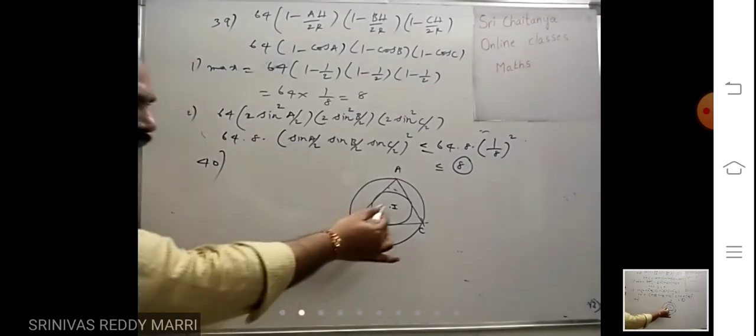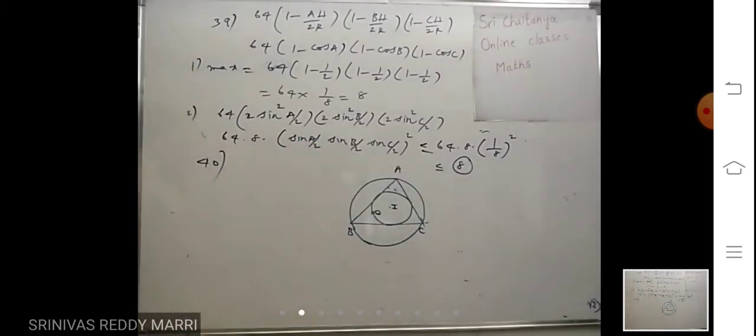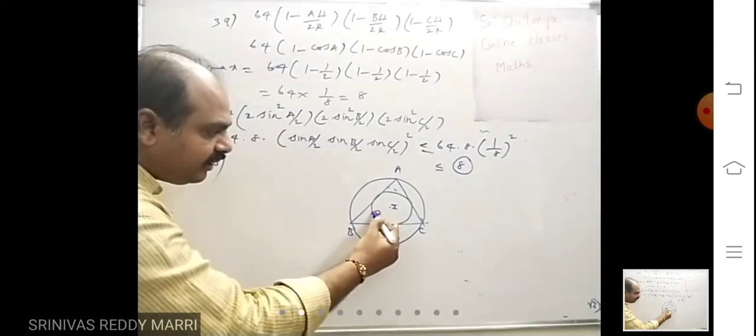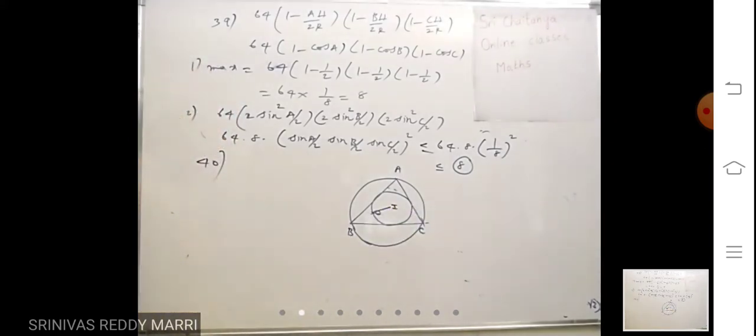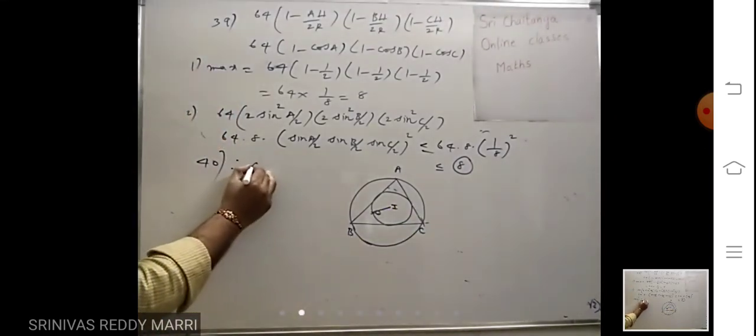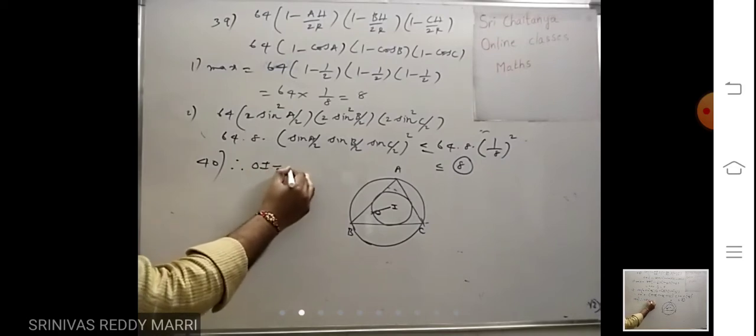That means O lies on this circle. Now this O is a point on the circle. IO is nothing but the radius of the incircle. Therefore, we can say that OI equals r.